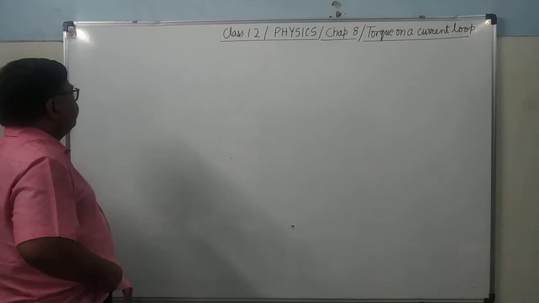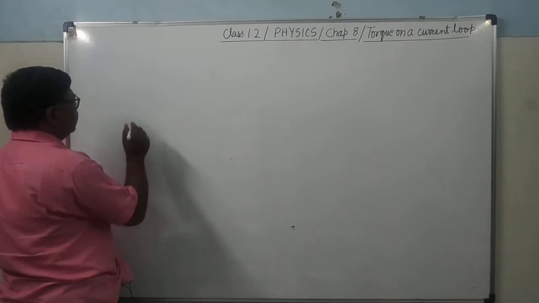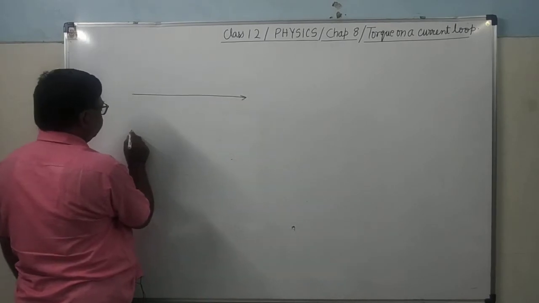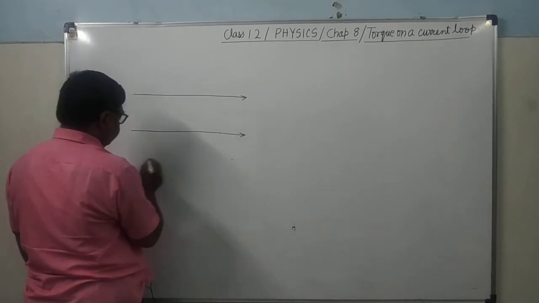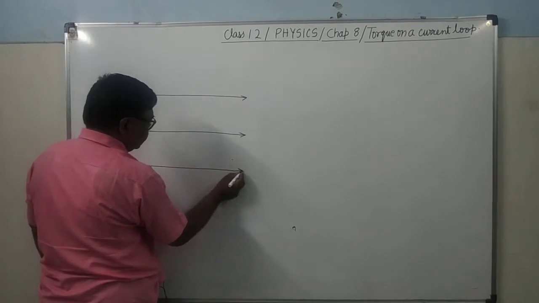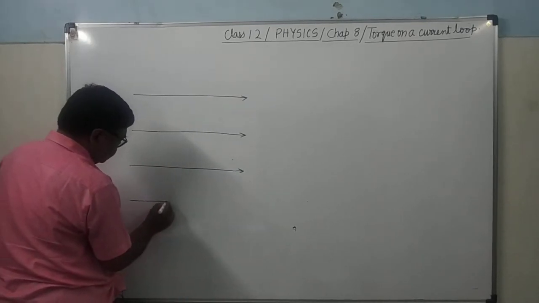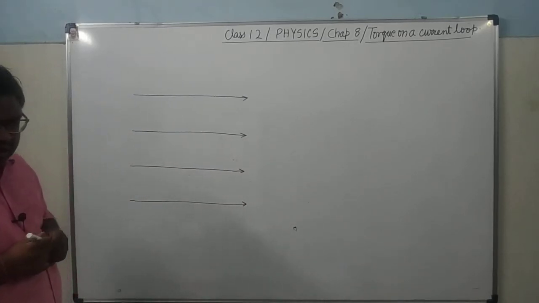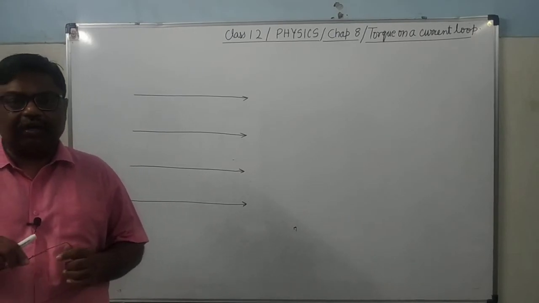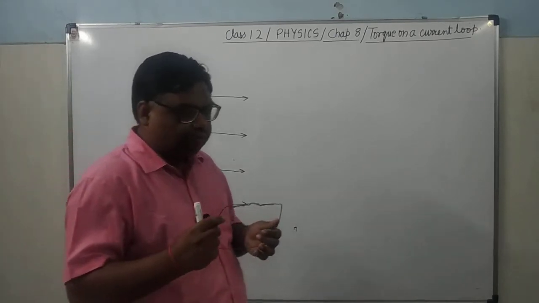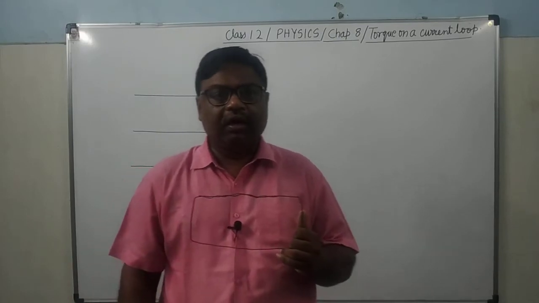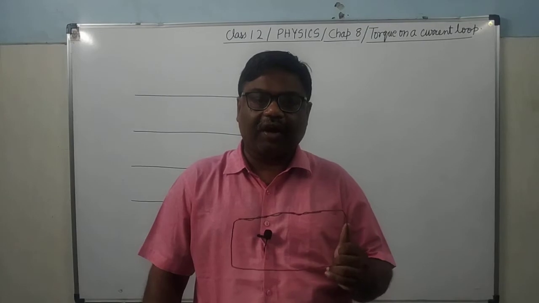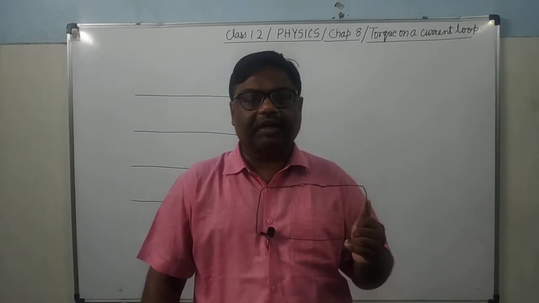Now here we have assumed that there is a uniform magnetic field B, and I have taken a rectangular coil. I will derive the formula for this rectangular coil. Though it is derived for a rectangular coil, it will be correct for a coil of any arbitrary shape.